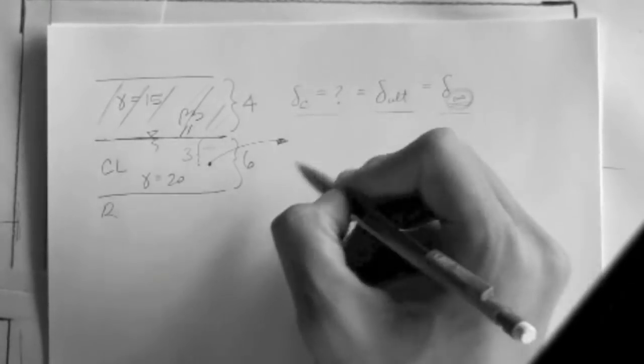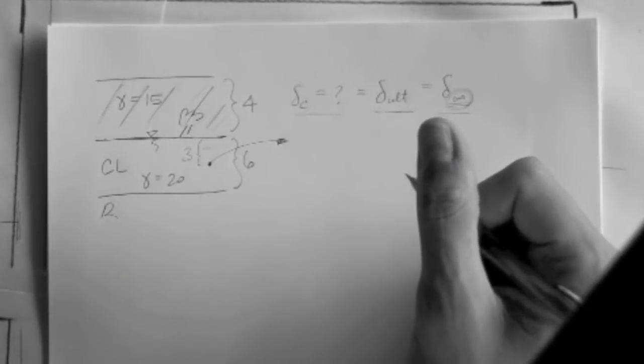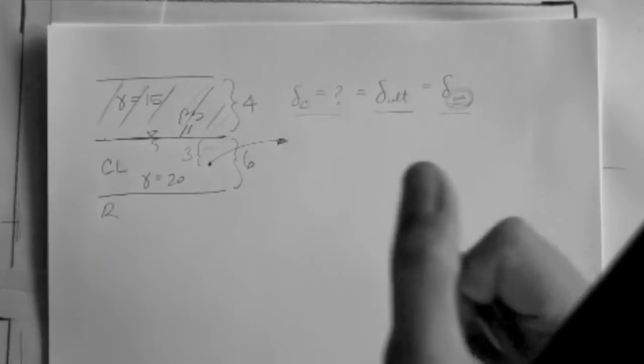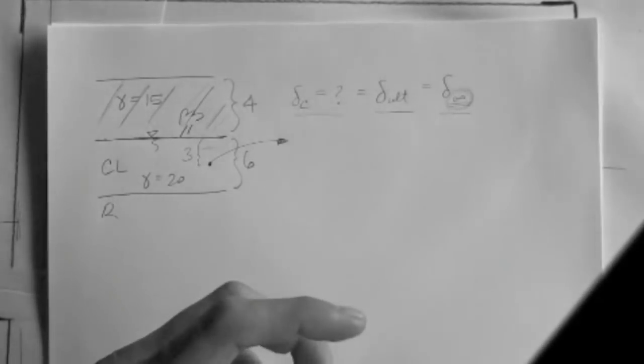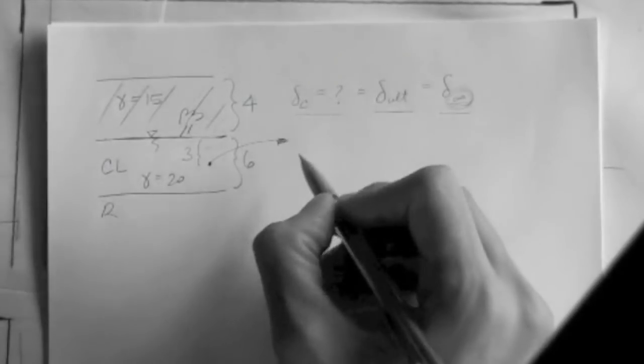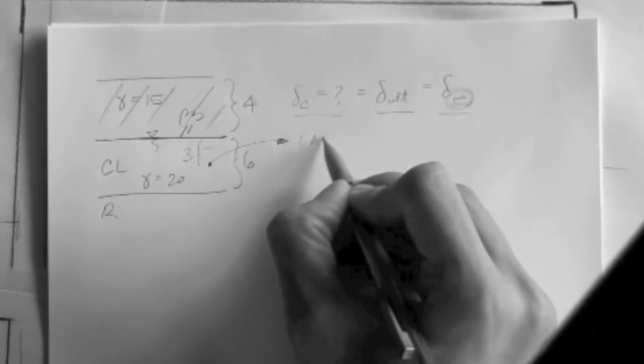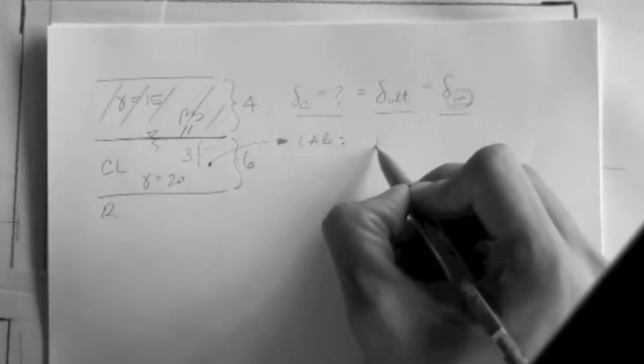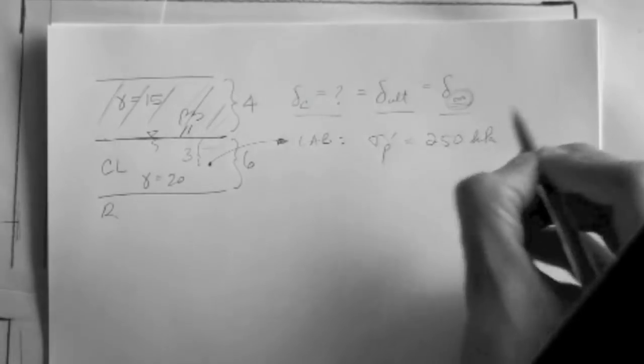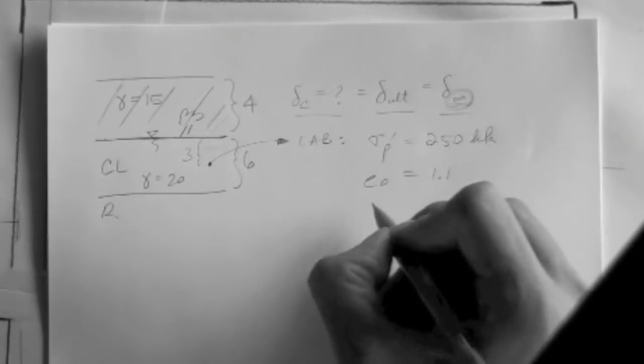When we test it in the consolidation test, it becomes now a specimen, because a specimen is basically a sample that is under testing. Okay, and from the lab we get the following parameters. Sigma p prime, the maximum stress that soil has ever felt, 250 kPa. e naught is 1.1, let's say.